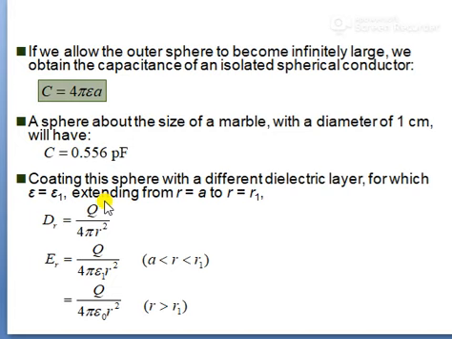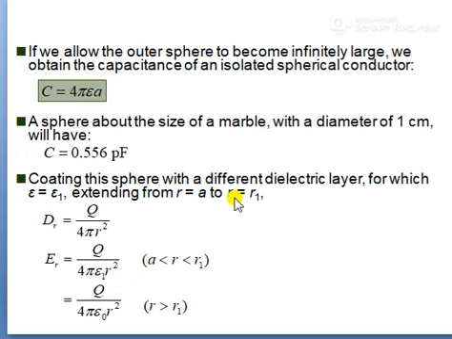Now suppose we coat this isolated sphere with a dielectric layer, for which epsilon equals epsilon 1, extending from r equal to A to r equal to r1.